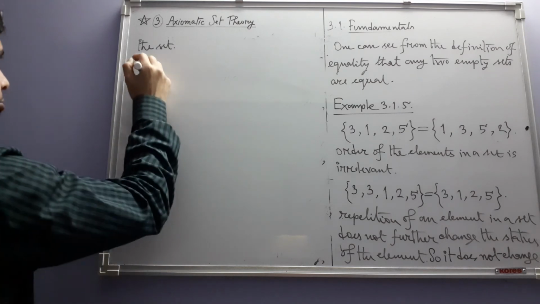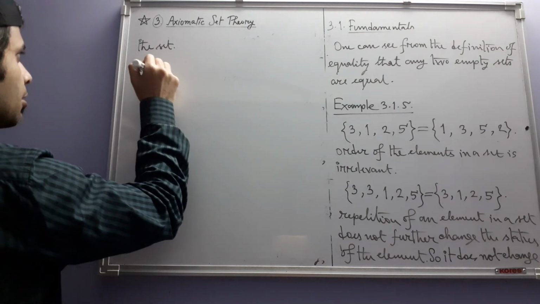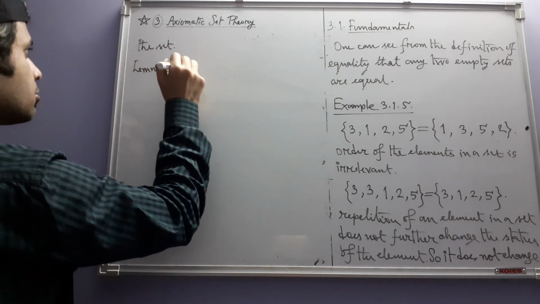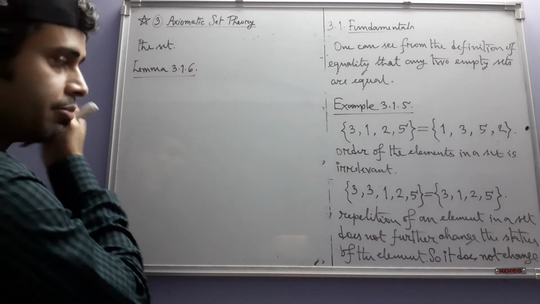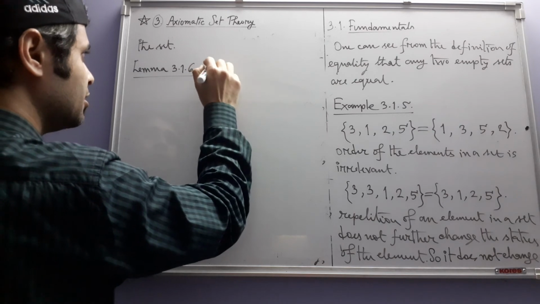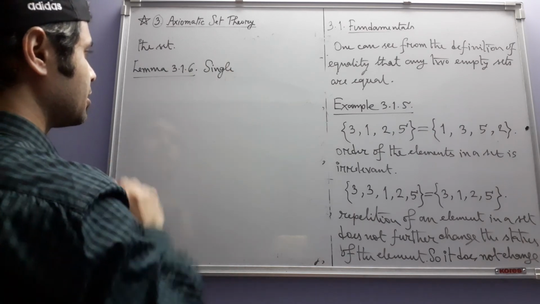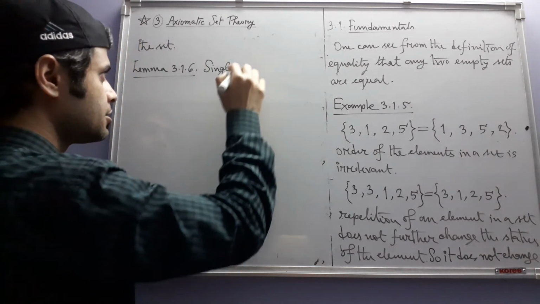Now we can go to lemma 316. This lemma has a name, or it's given this name by Tao himself, I don't know: single choice.